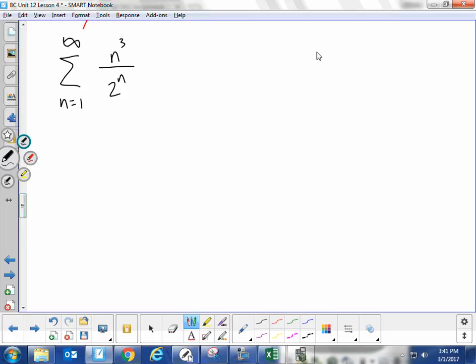Now, I know that the limit as n approaches infinity of this equals 0, which means it possibly converges. We're going to have to go further to show that it definitely converges. Let's use the ratio test for something like this.